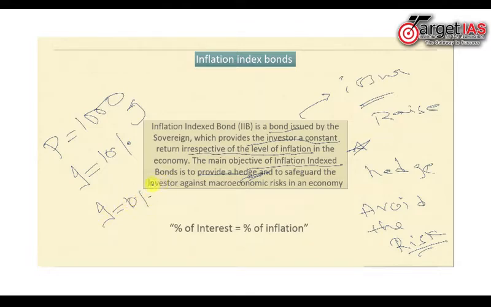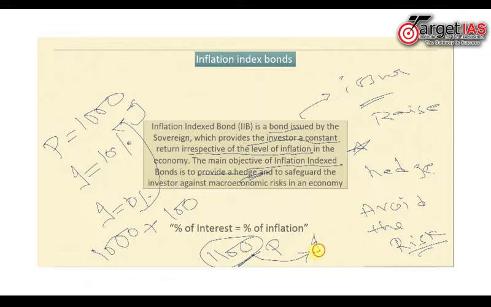So what is your return on investment? If inflation is added to the 1,000, 10% of 1,000 is 100, so it is around 1,100. Now 1,100 is your principal, and based on this principal they will give you interest.